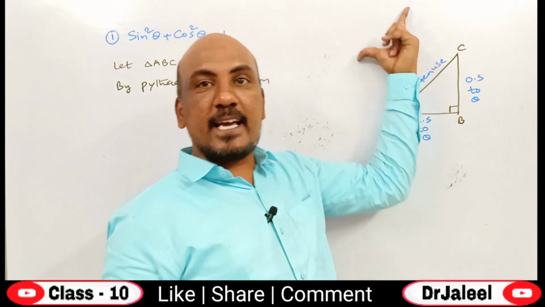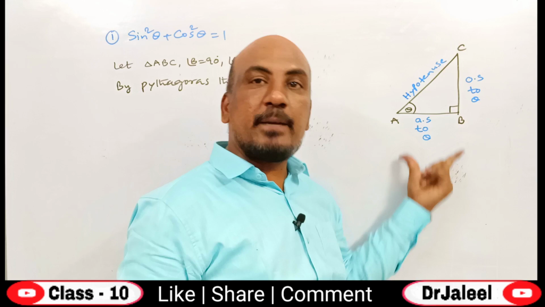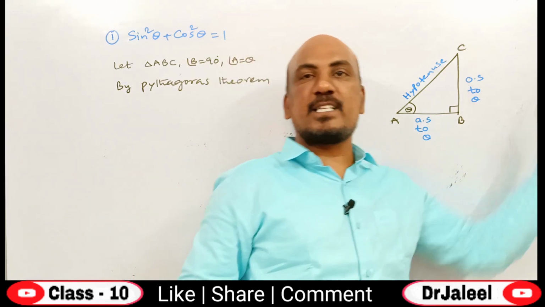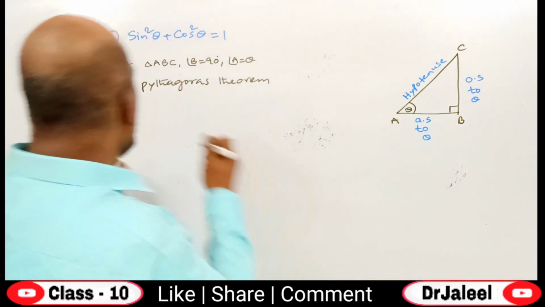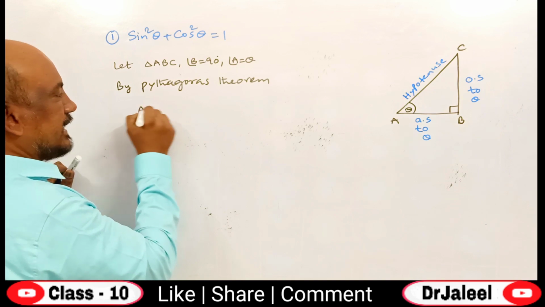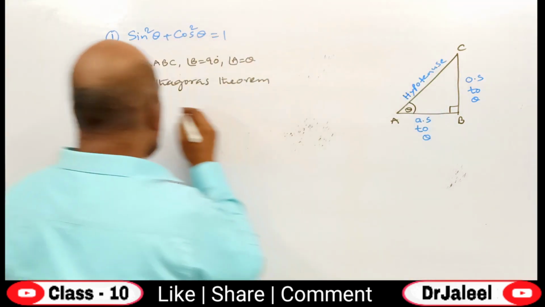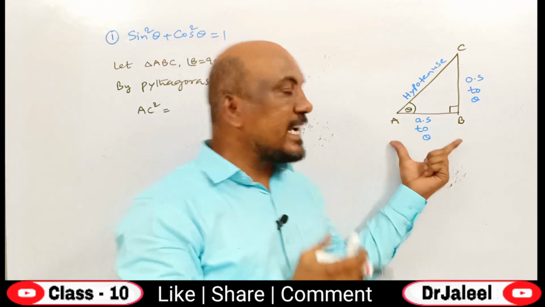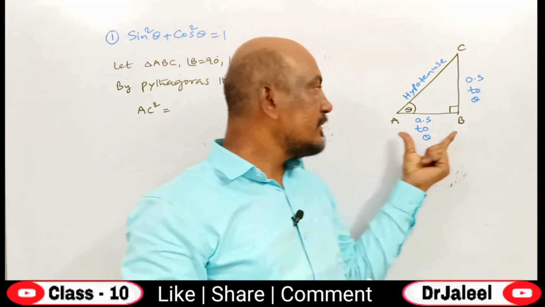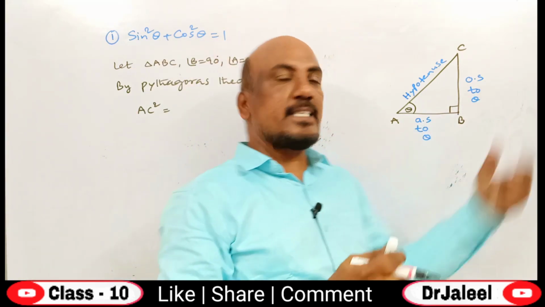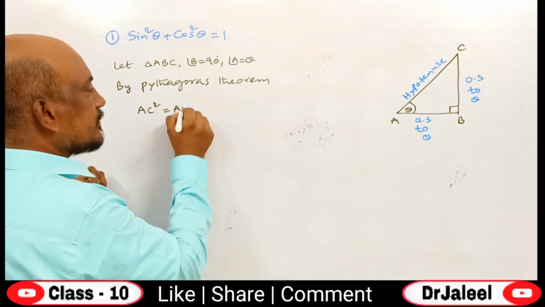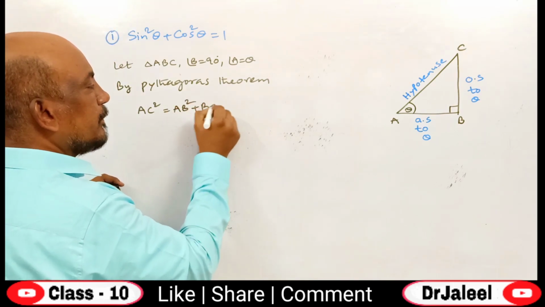That means AC square is equal to AB square plus BC square. So hypotenuse square, that is AC square, is equal to AB square plus BC square.